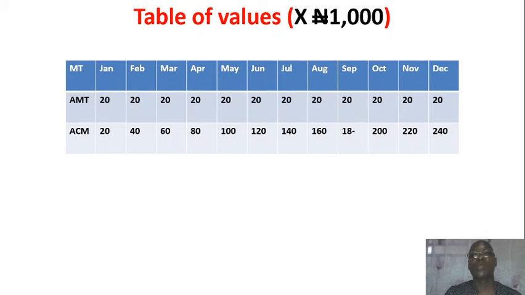That is the accumulation at the end of 9 months. Therefore, at the end of the year, which is in December, what do you think we are going to get? December is 12, the 12th month of the year. Use 12 to multiply 20,000 and you get 240,000 naira. That is what the man is going to get in the account if we are neglecting the interest that may be given to the man or some charges.